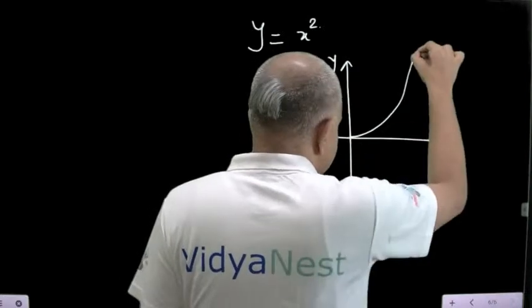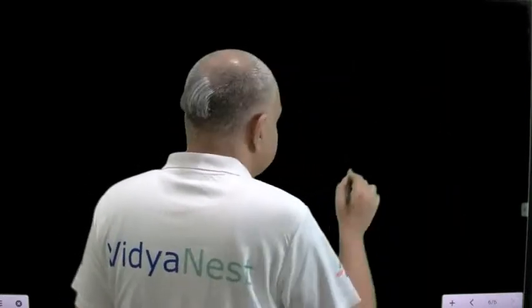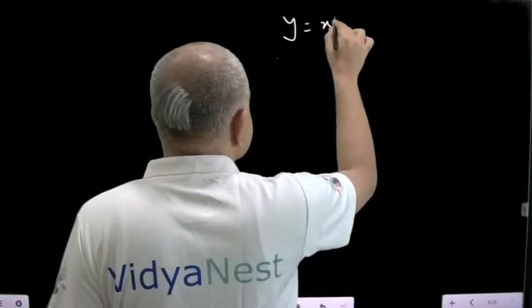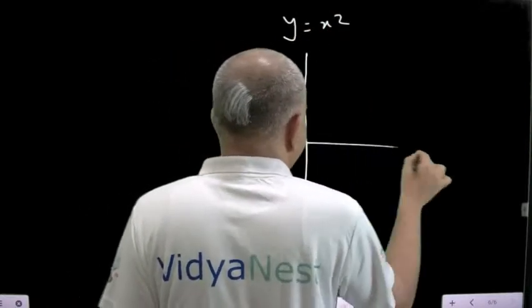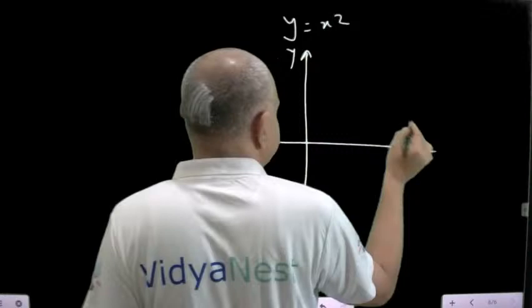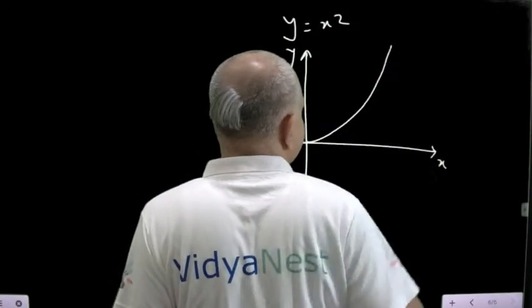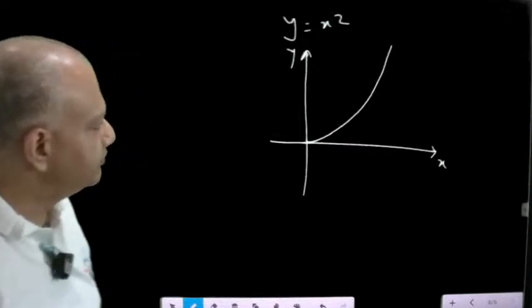It is like this way. Y is equal to x square. We can have a graph like this way. I plot this one like this.